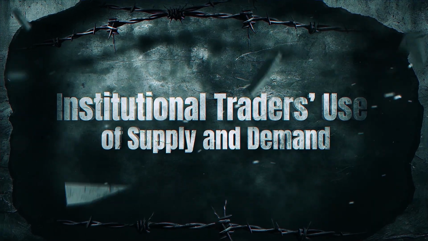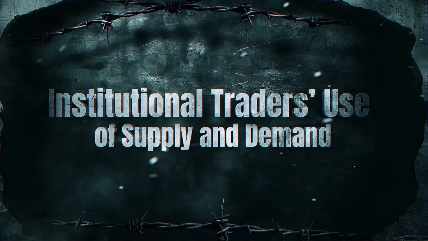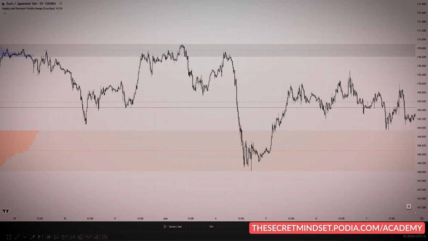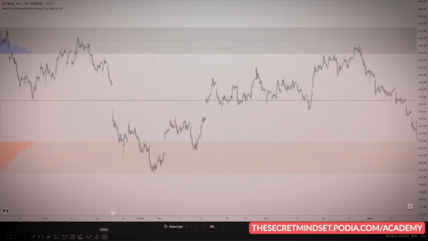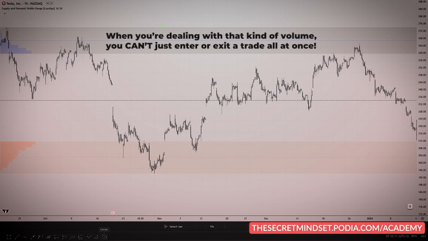So why are institutions so interested in supply and demand zones? It all comes down to the massive size of their orders. Institutions like hedge funds and investment banks are trading huge positions that can be worth millions or even billions of dollars. And when you're dealing with that kind of volume, you can't just enter or exit a trade all at once.